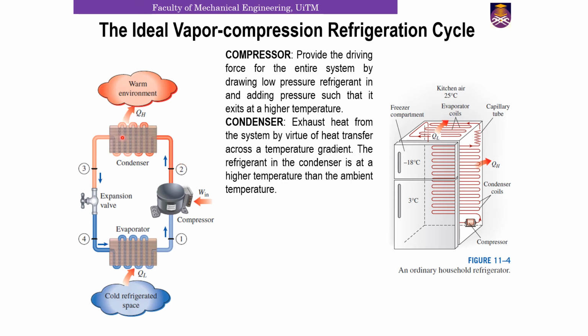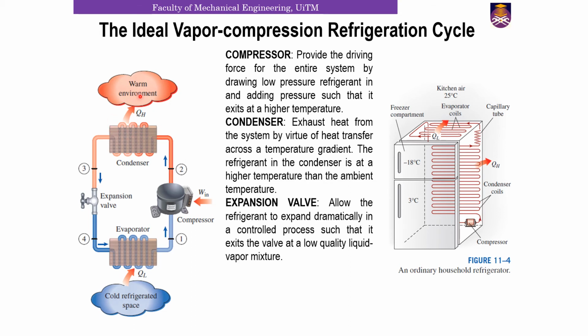Now condenser is nothing but you exhaust the heat out of the system. So you'll have a temperature gradient because the temperature here is high, temperature of the warm environment is low, so you can then have heat transfer taking place from the hot region to the cold region. Then you have expansion valve. It allows the refrigerant to expand dramatically in a controlled process such that it exits the valve at low quality liquid vapor mixture.